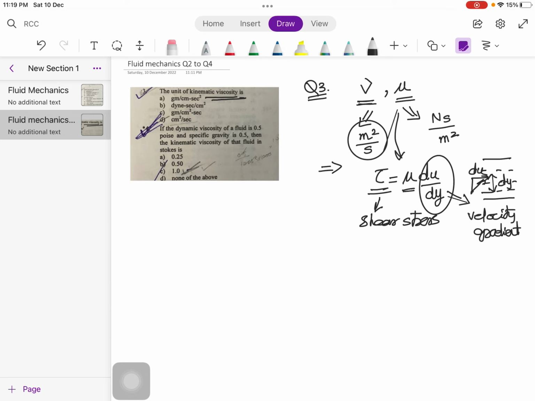Okay, so the unit of shear stress is similar to that of pressure, which is Newton per meter square.